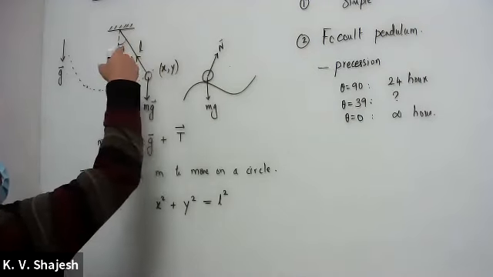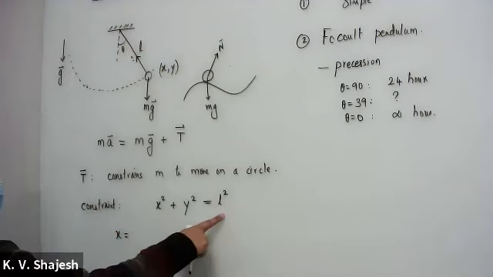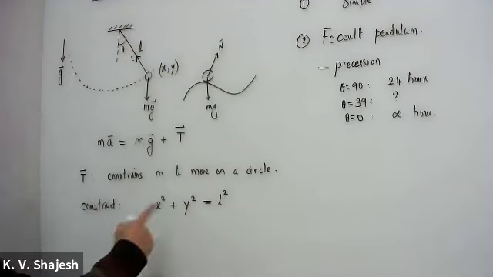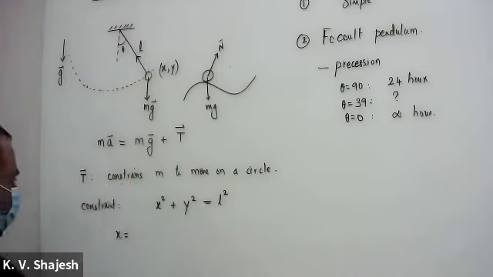Now we can write X and Y in terms of L and theta. The moment you say there is an equation that combines X and Y, that means there are not two variables in the system, there is only one, because one connects to the other. The idea is to find out what that is, and we look for polar coordinates.